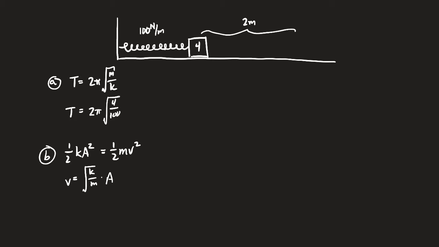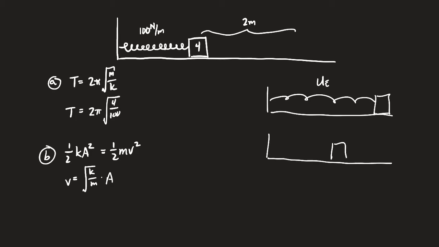Because if you pull the spring out, and the spring is all stretched, so right now all that energy is in the elastic potential energy of the spring, and when you let it go, the spring will pull the mass in, and when it makes it back to equilibrium, there'll be no energy in the spring because it's not pulled out at all, but all that energy now will be in the form of kinetic in the box.